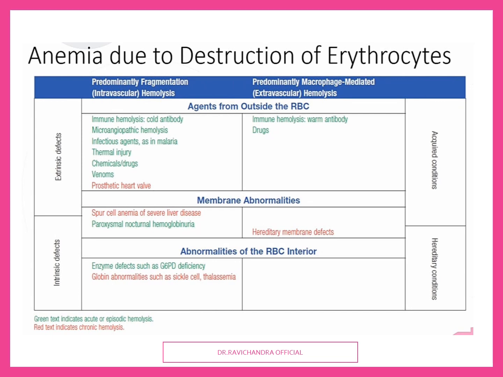Abnormalities of the RBC's interior, the intrinsic defects, will be enzymatic defects such as G6PD (glucose-6-phosphate dehydrogenase) deficiency, and globin abnormalities like sickle cell anemia and thalassemias, alpha thalassemias, beta thalassemias, and so on.